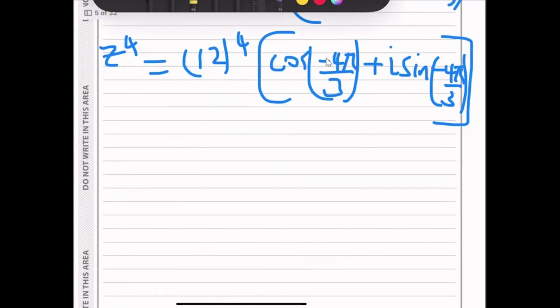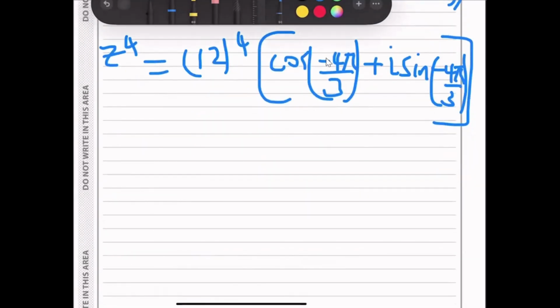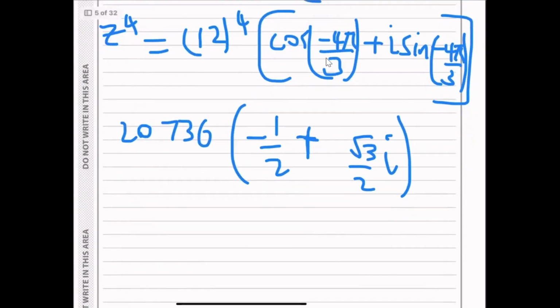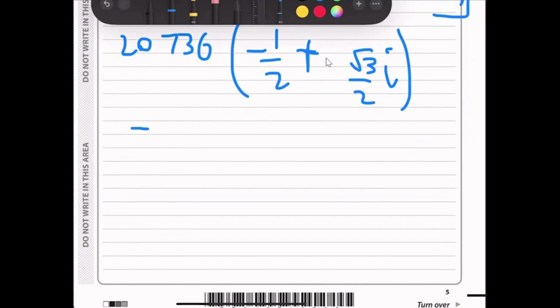There you get 12 to the power 4, which is 20,736, into minus half plus root 3 by 2 i. You simplify it, you get minus 10,368.